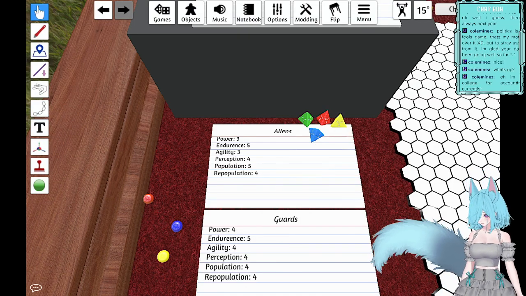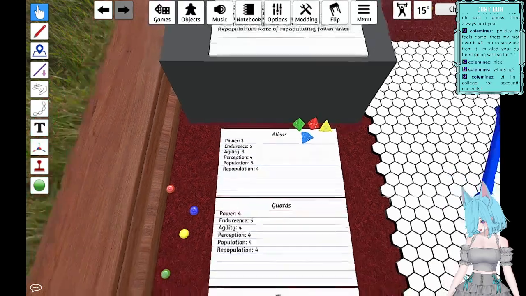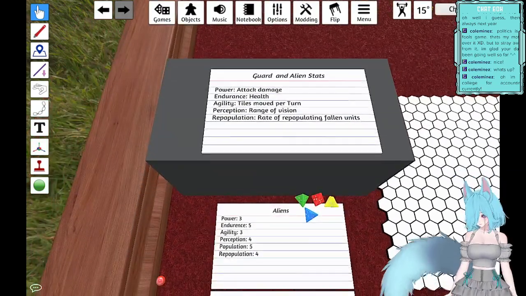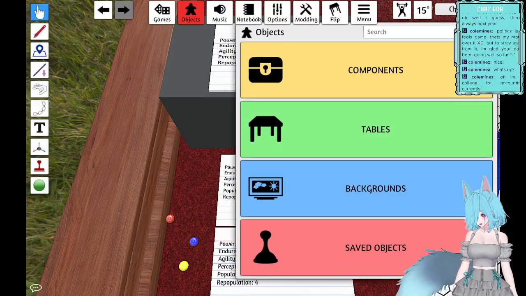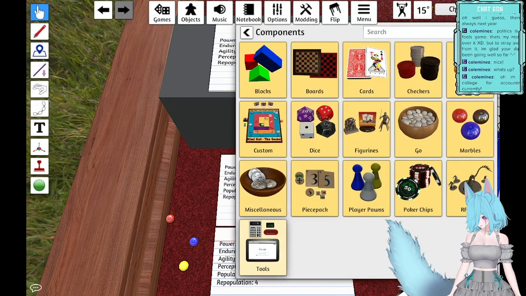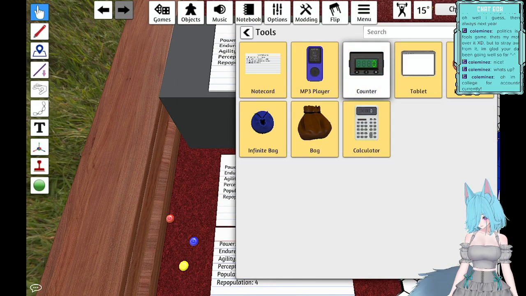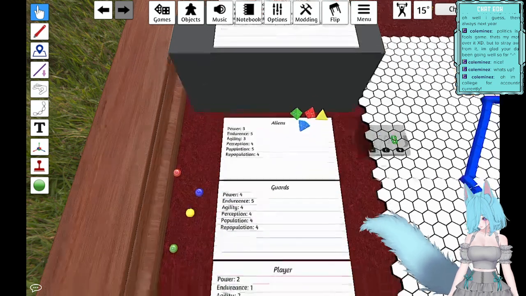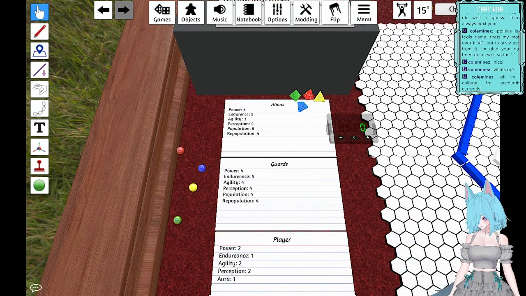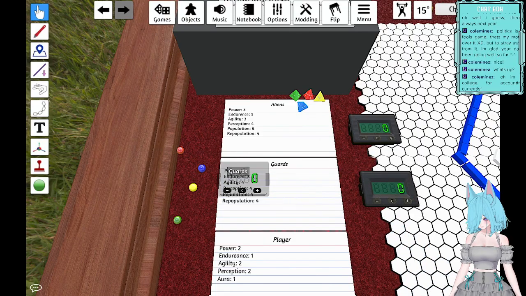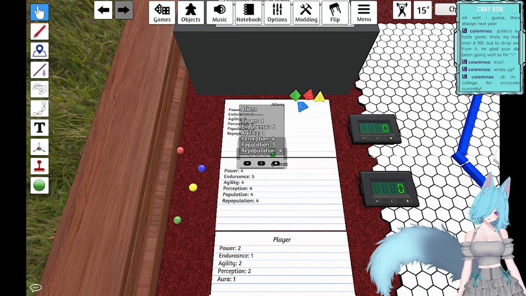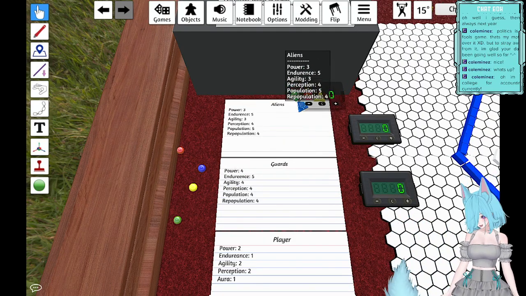Actually, let me grab something here. Objects, components, tools, counters. Let's use this as a casualty counter.